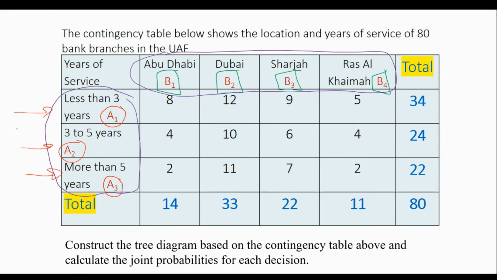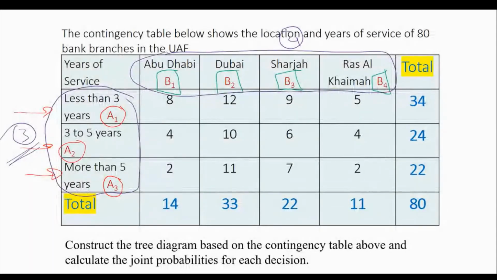So we have a choice between 3 here and 4 here, so we will start with the years of service. Typically, you will have the same answers, the same numbers, the same results, whether you start with the years of service or the location. It's just a little bit easier if you start with the one that's smaller.